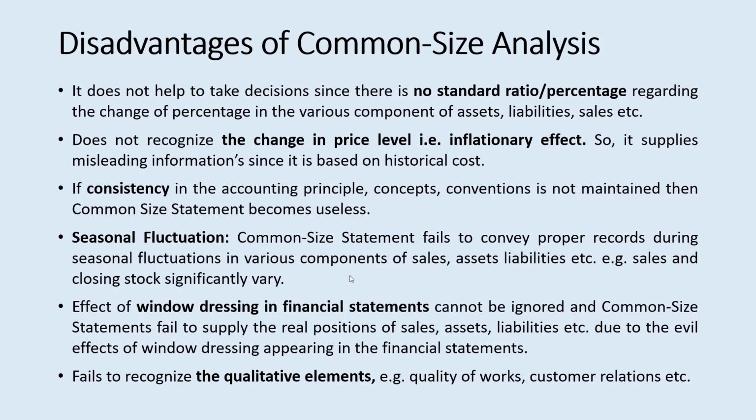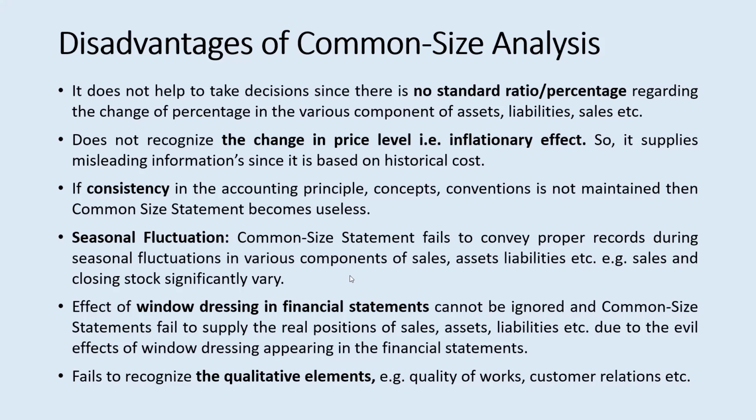It's difficult to compare. A company may use the straight line basis, another company may use the reducing balance basis. Sometimes another company may use an accelerated depreciation method. So it's difficult to compare the figures by using this common size analysis in that case.